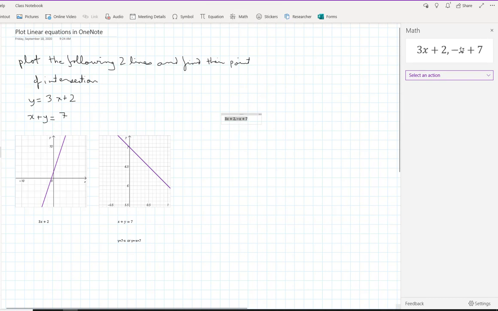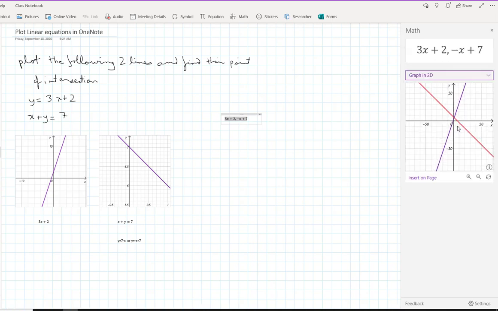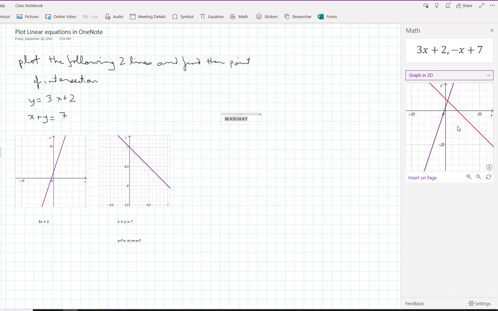That's when it's reading it correctly. Now you go into graph 2D, and you get the point of intersection of y equals 3x plus 2, which is the purple, and the red is y equals -x plus 7.